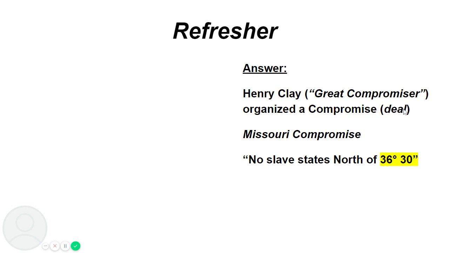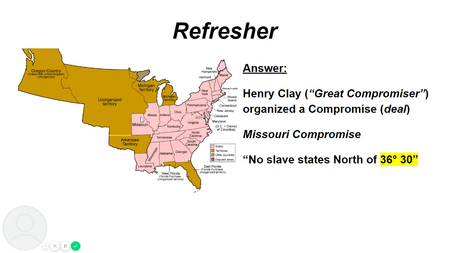That's one of those words that we're going to talk about over and over again. A compromise is a deal. It's called the Missouri Compromise because it had to do with the state of Missouri over here. It basically said that after the state of Missouri, there would not be any more slave states north of the 36°30′ line, which is this yellow line right over here.